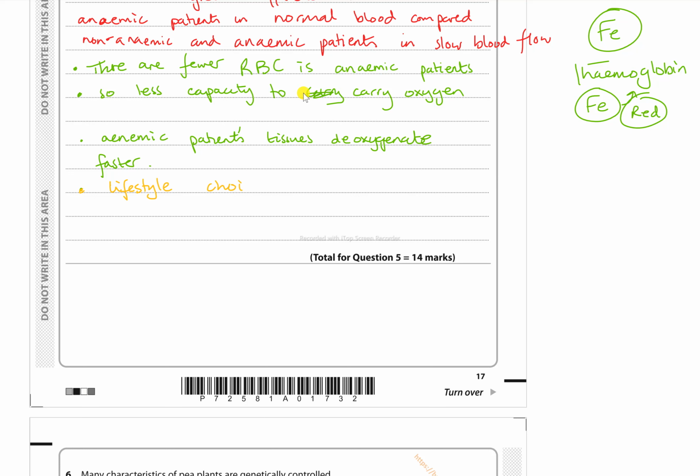Lifestyle choices, such as smoking, your gender, your diet, overall health can affect the blood's ability to carry oxygen.